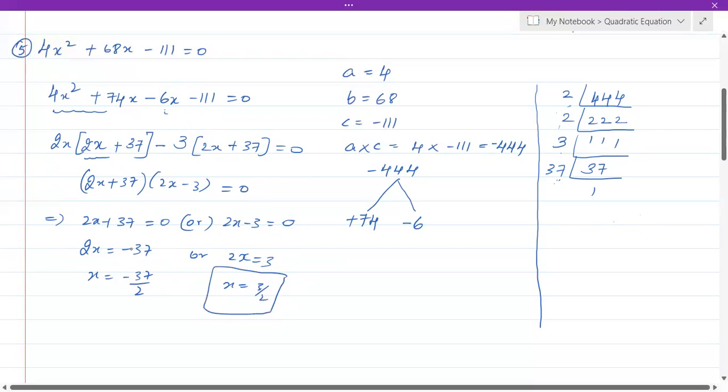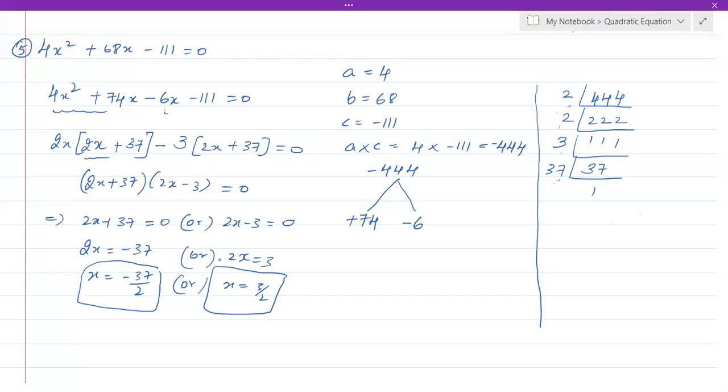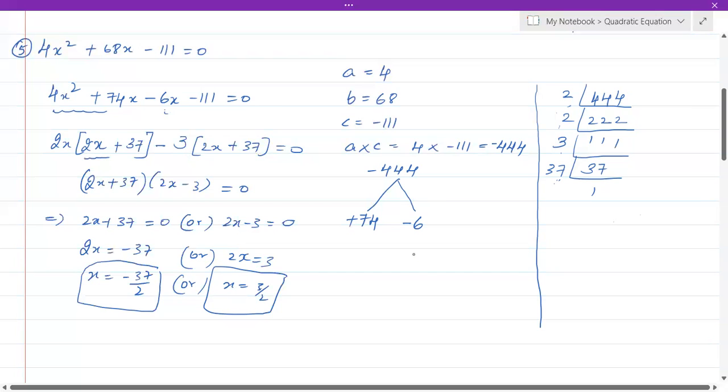So therefore the roots are x is minus 37 by 2, or x is 3 by 2. So it is almost the same thing we did in the previous video. But here, when you got a very big number, we have to use prime factorization to find the factors.